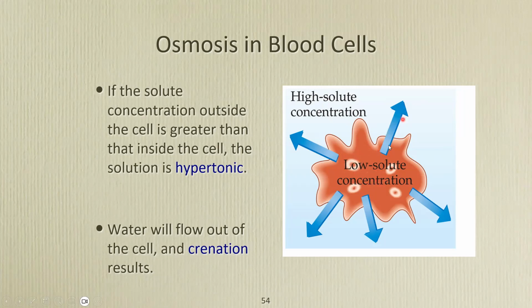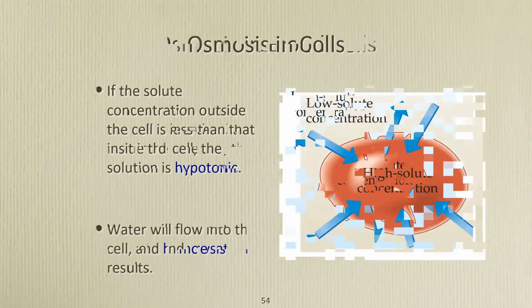So we're going to see that water move through the membrane of the cell into the solution on the outside. And that's going to be known as crenation. So essentially the cell shrivels up and basically dies in that case because it's no longer going to have the water it needs.